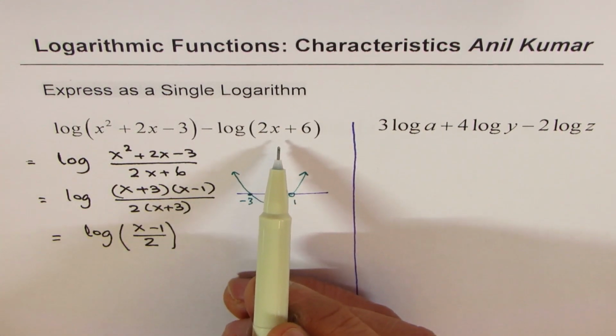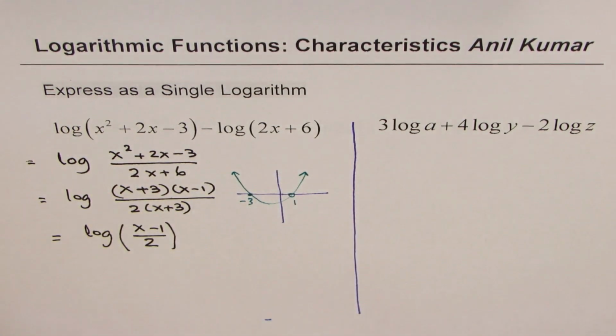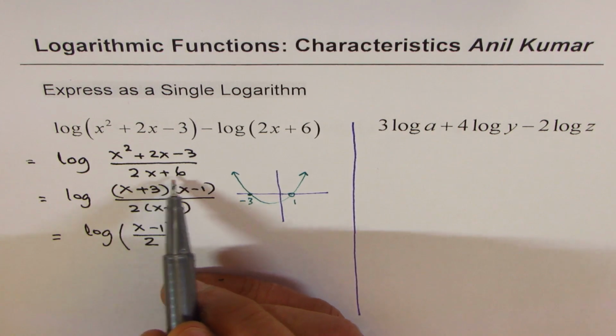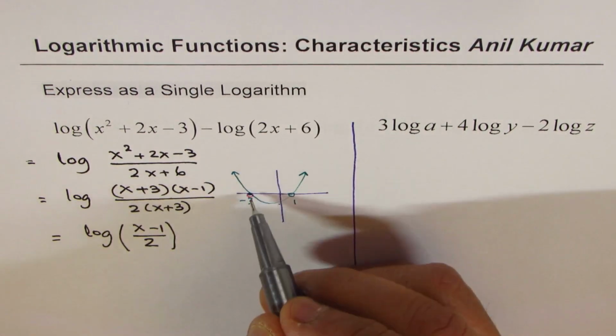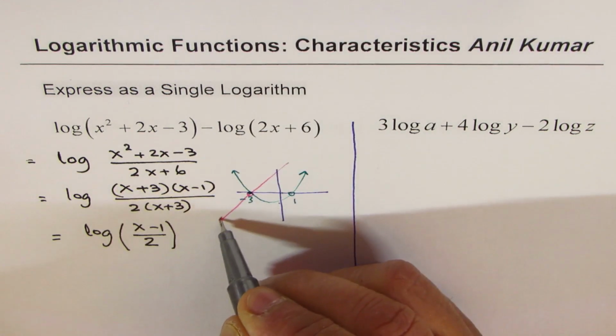The other function here, which is 2x plus 6. Now this function, 2x plus 6, is a straight line, right? Which factored as 2 times x plus 3, right? So that means it has 0 at minus 3. So here it has 0. And then from here, it has a positive slope. So it's kind of going up. Do you see that?